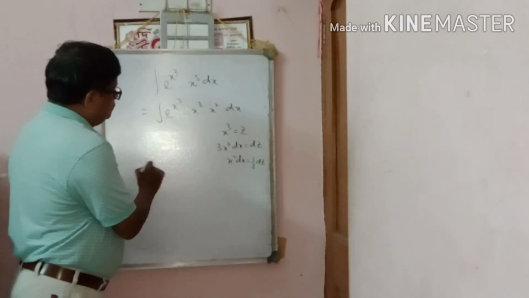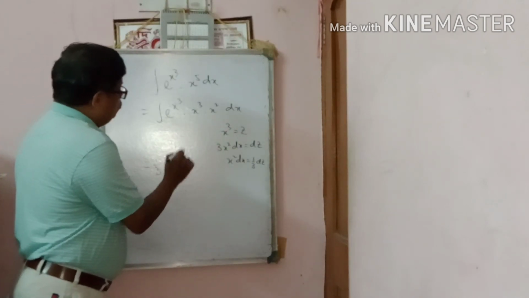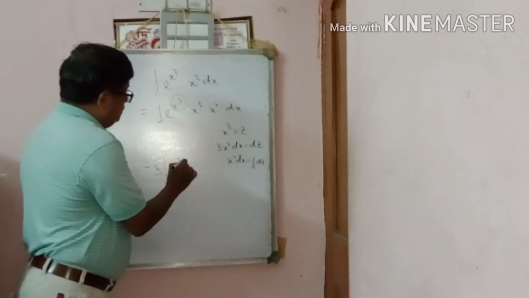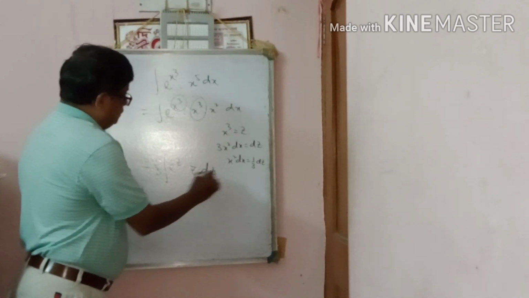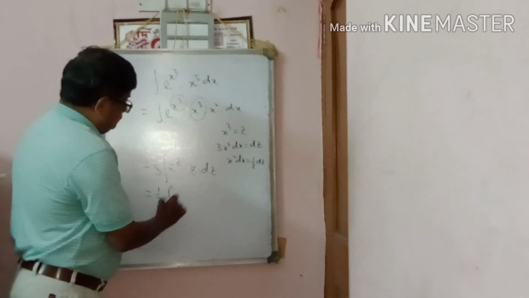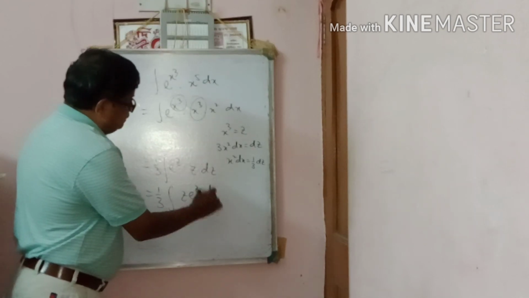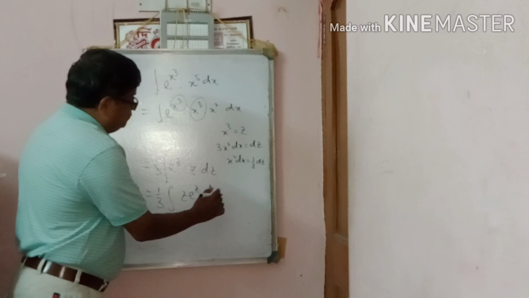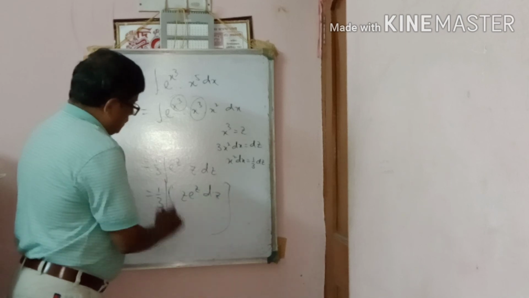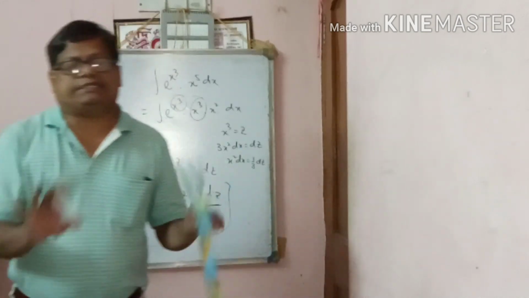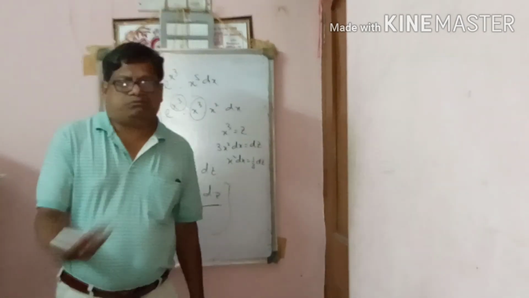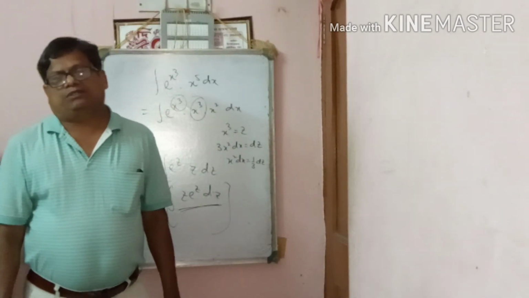Now 1/3 e to the power z into z dz, so 1/3 z e to the power z dz. Now this you can do, no problem, with z as the first function and e to the power z as the second function.